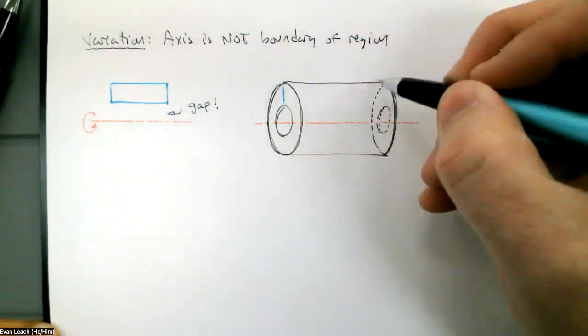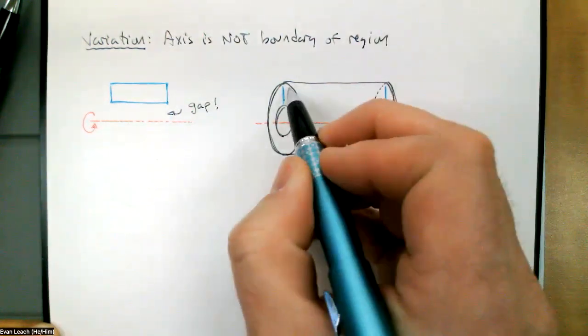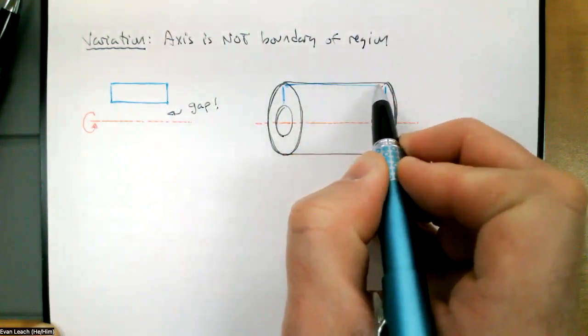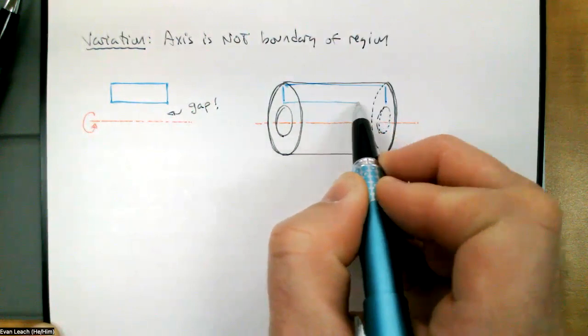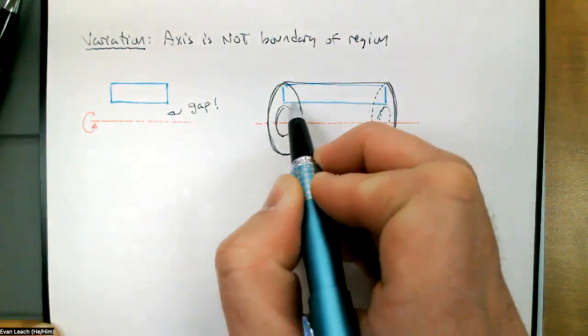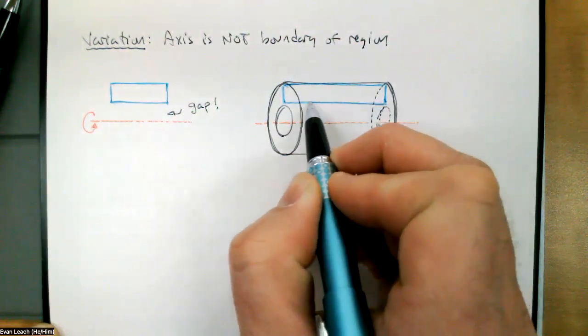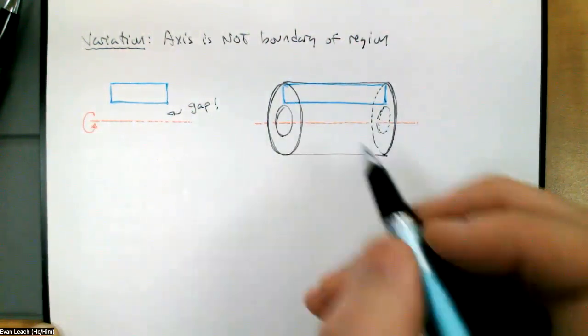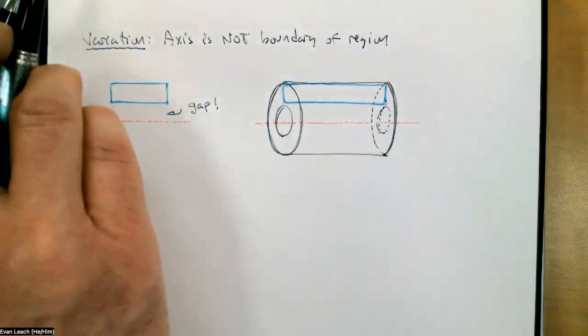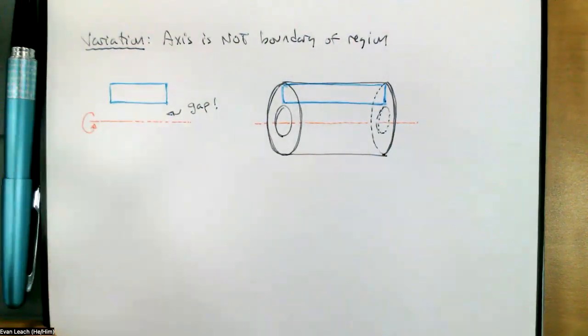So here is our original region. And because the axis of rotation is not attached to a boundary of the region, we still get this gap. And so we end up with a hole.